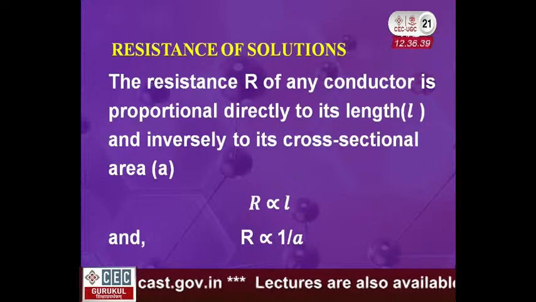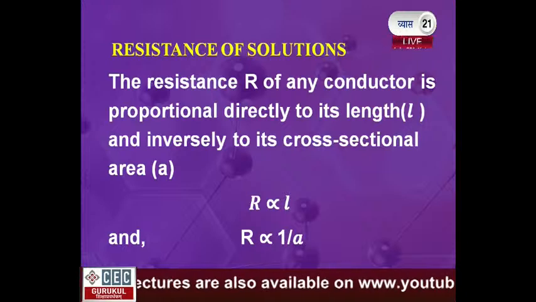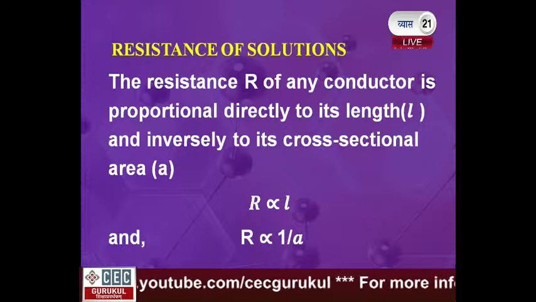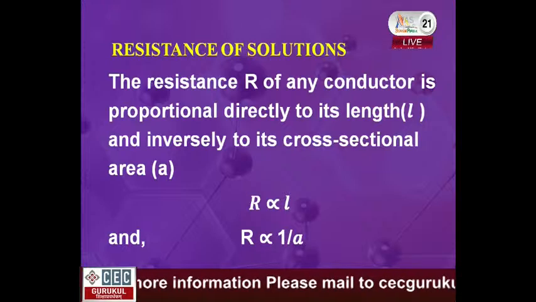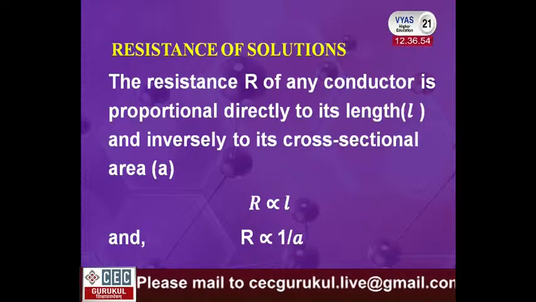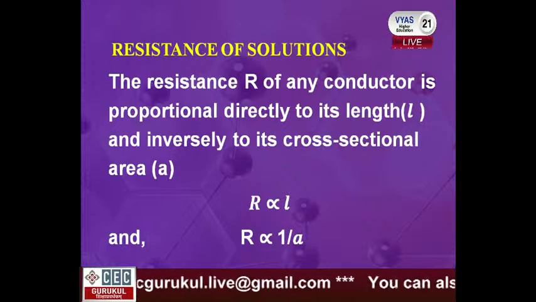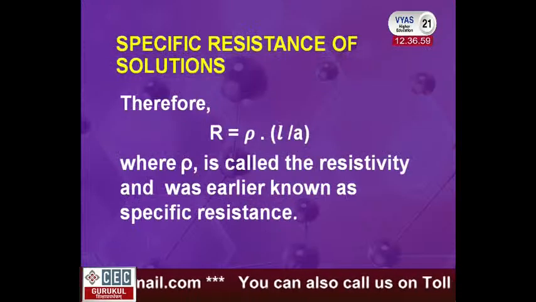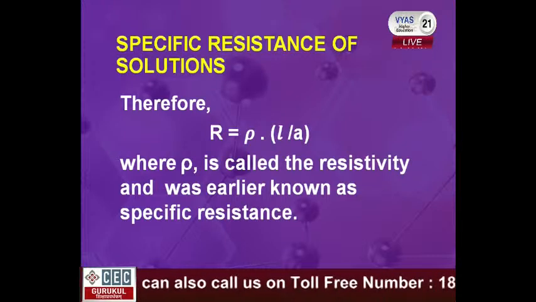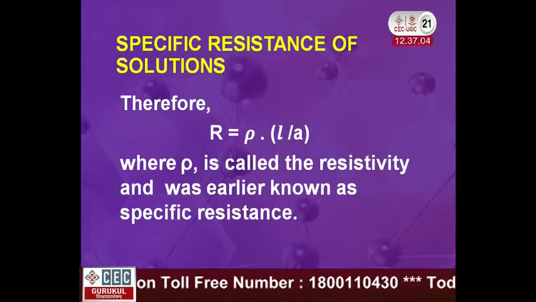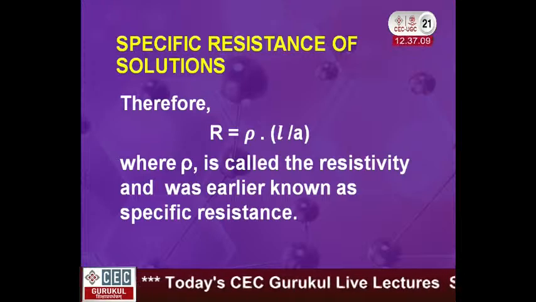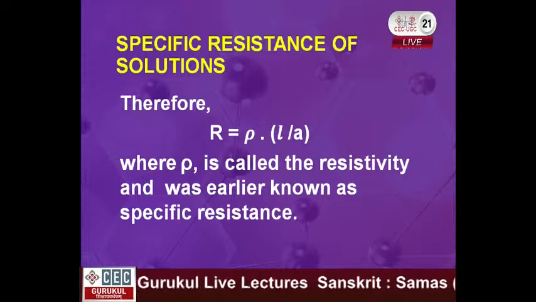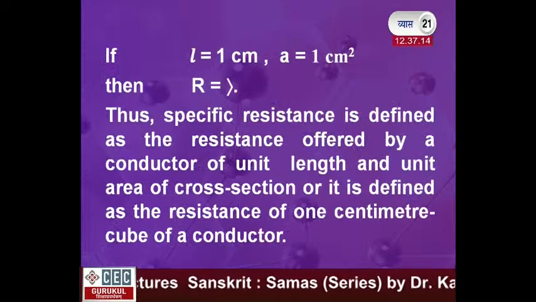The resistance R of any conductor is directly proportional to its length L and inversely proportional to its cross-sectional area A. We can write R is proportional to L and R is proportional to 1 by A. Thus, R is equal to rho L by A, where rho is the resistivity and was earlier known as specific resistance.